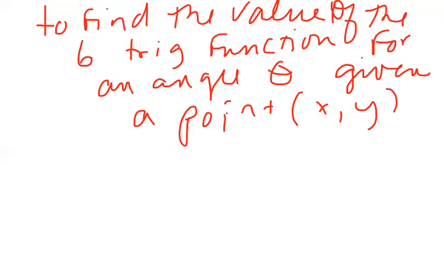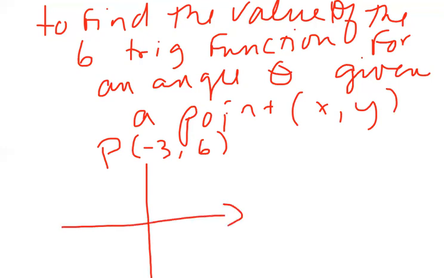Actually, you know what? I need to use an example. So here's the point they're giving you, guys. The point is -3, 6, okay? So think about where -3, 6 is located in reference to the xy plane. -3, 6 is going to be somewhere in the second quadrant.